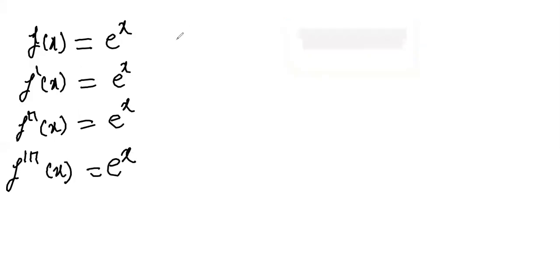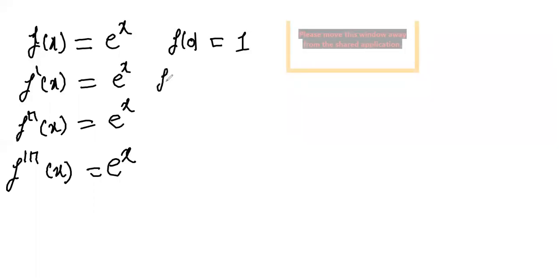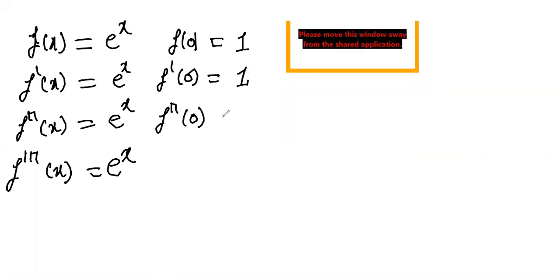So the values are f of 0 is 1, f dash 0 is 1, f double dash 0 is also 1, f triple dash 0 is also 1.